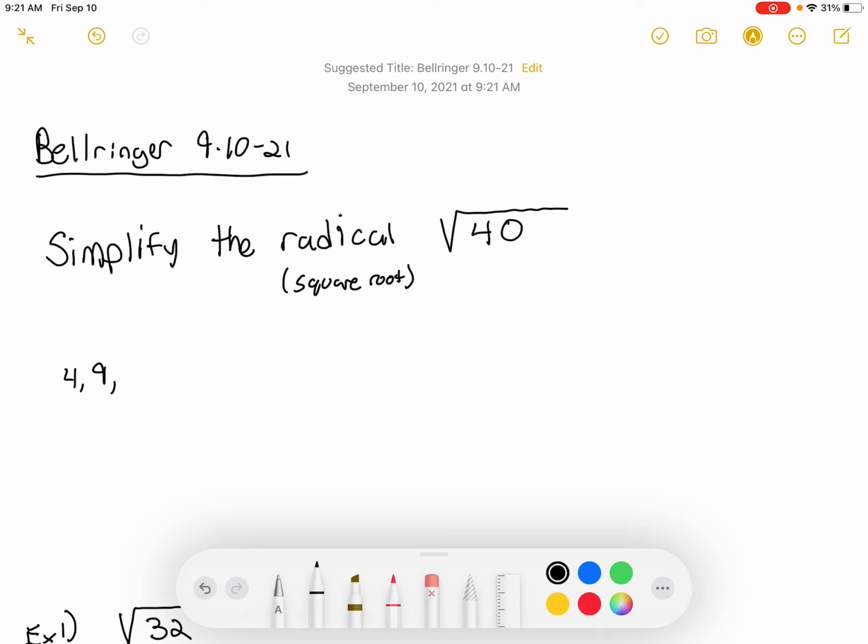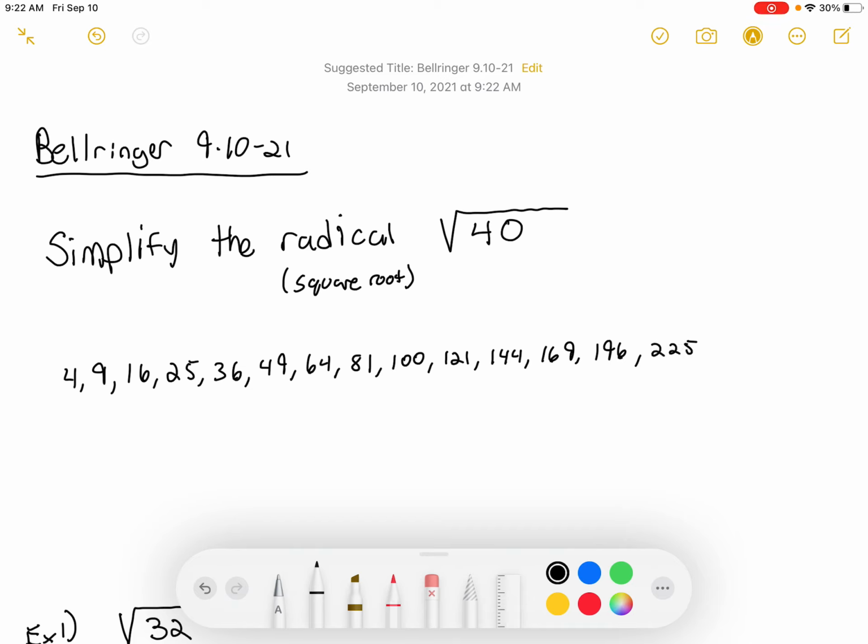And then, what's the next one? 16, 25, 36, 49, 64, 81, 100, 121, 144, 169, 196, and 225.